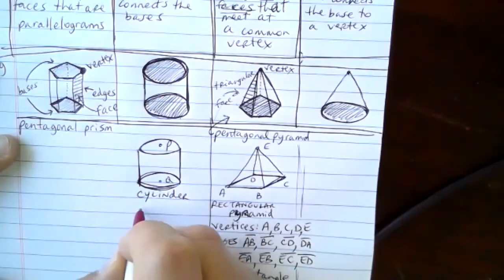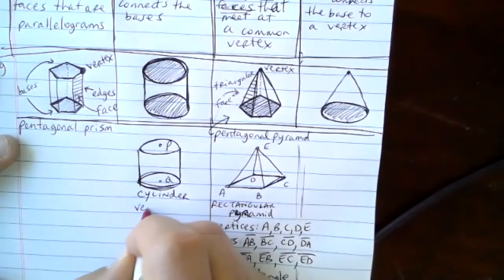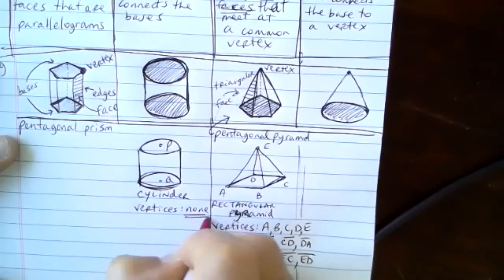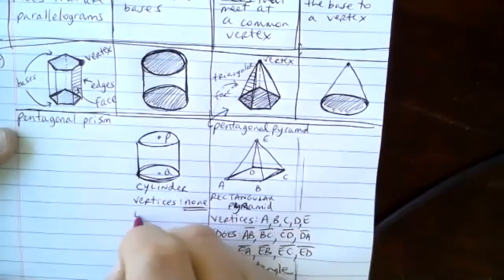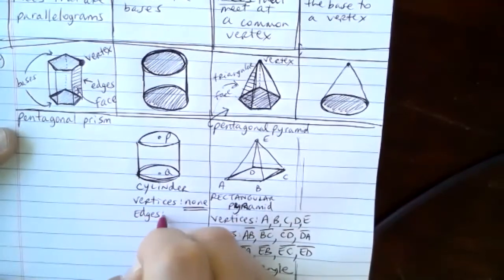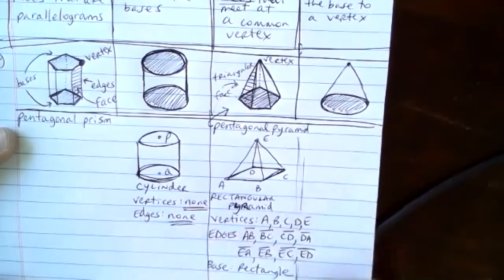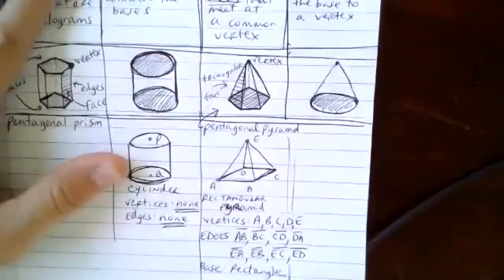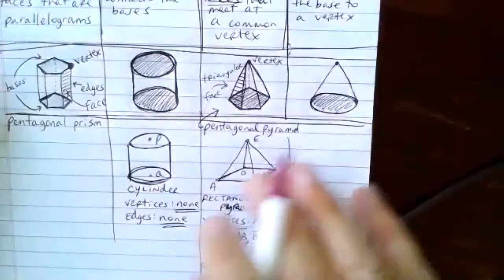Now vertices, none. Double underline that. Edges, none. Double underline that. Okay, so now we're going to come down just like that. Trying to keep these notes a little bit organized if we can.